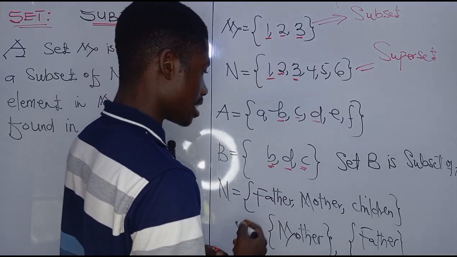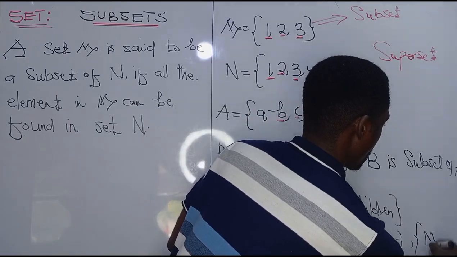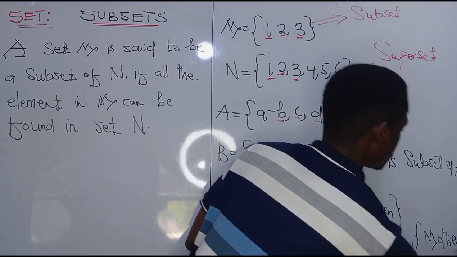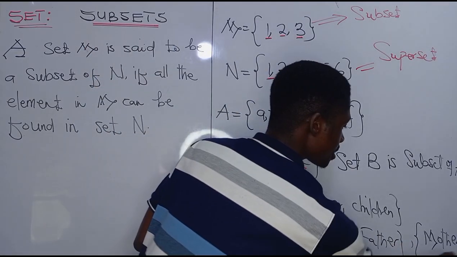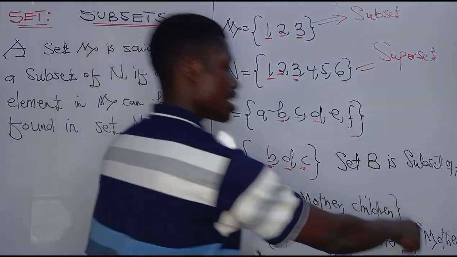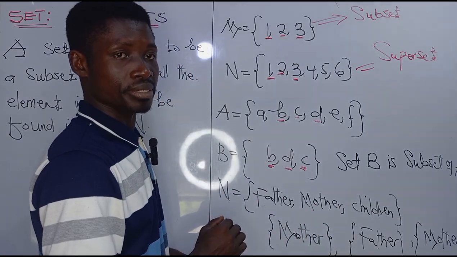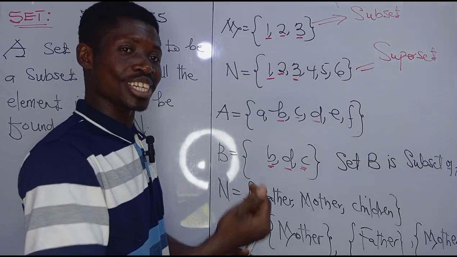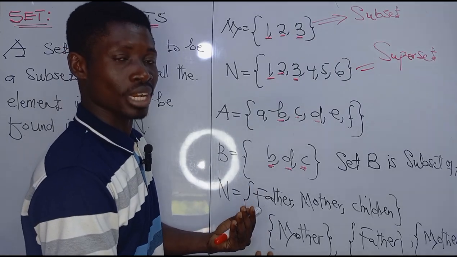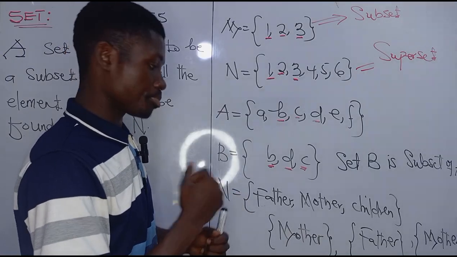Moreover, if you have another set which contains, let's say, the mother and then the father, then we can say that this set is also a subset of the nuclear family, because the father and the mother can be found in the nuclear family. So that is all about subset: a smaller set of a bigger set if and only if all the elements in the smaller set can be found in the bigger set, which is called the superset.